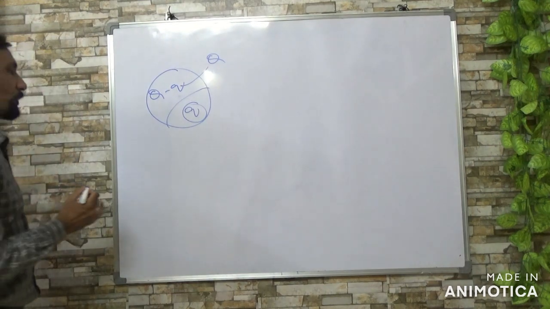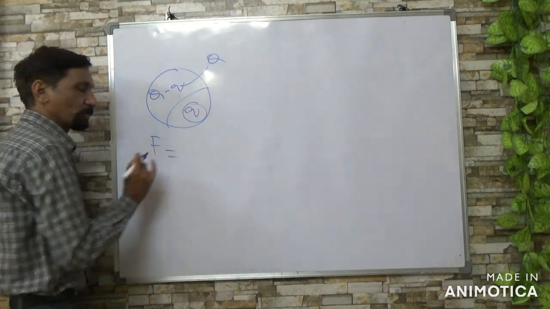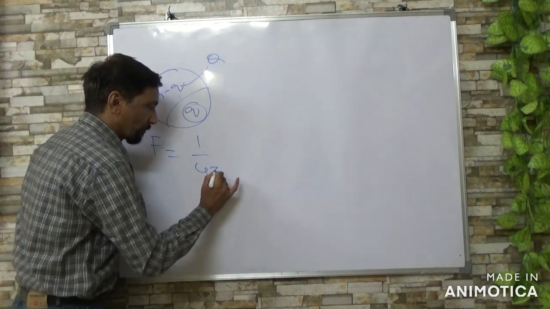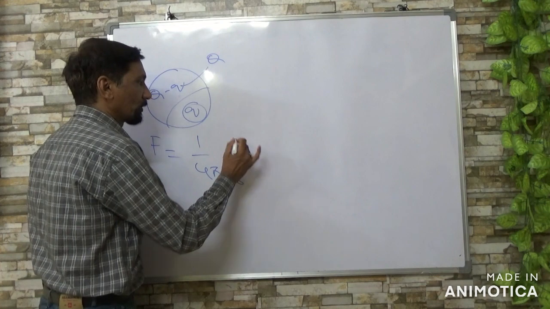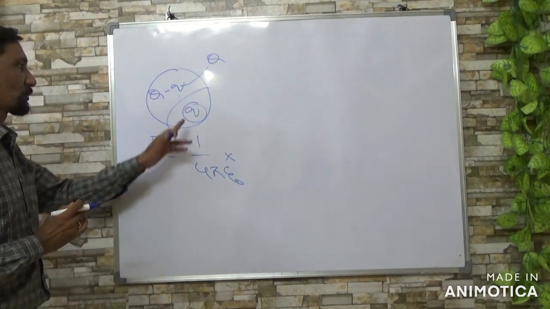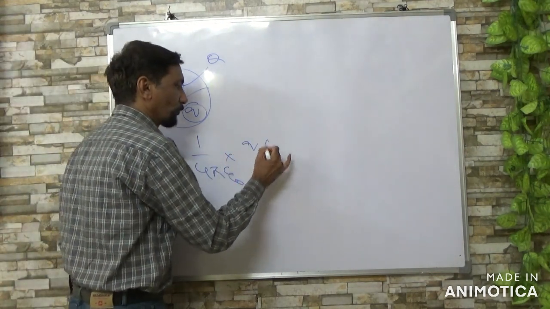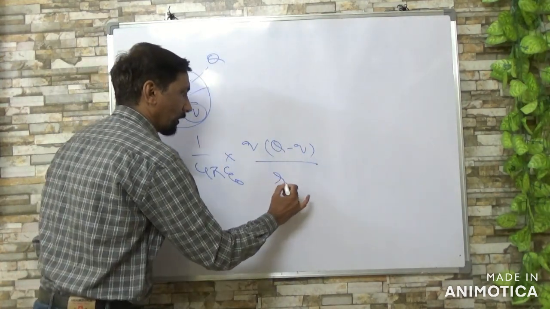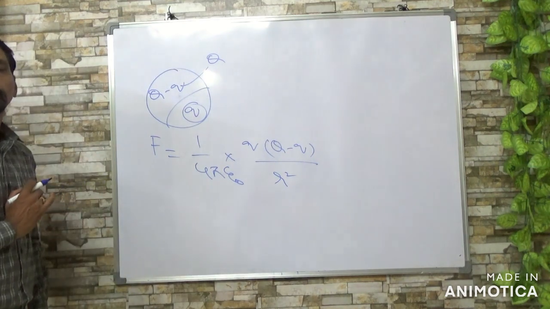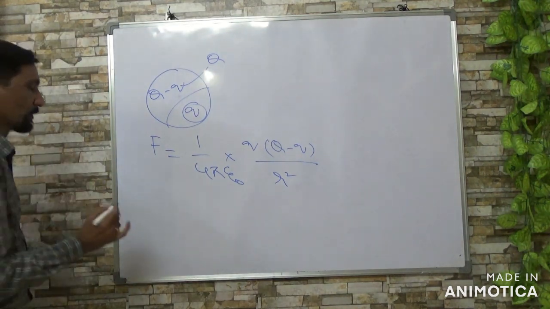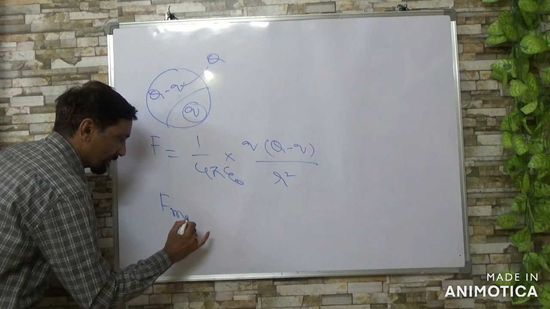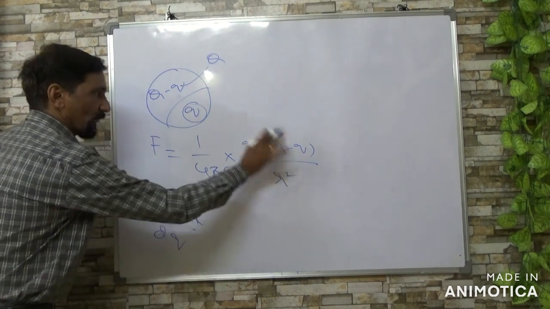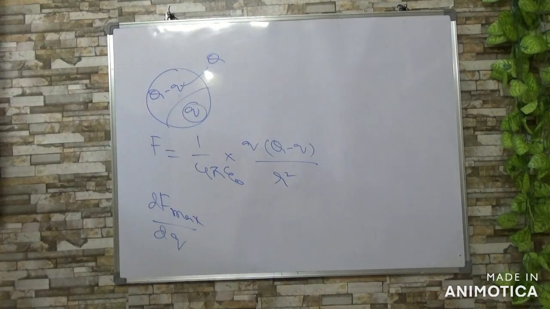According to Coulomb's law, the force between 2 point charges is given by 1 by 4 pi epsilon naught q1 q2, say the charge on the first one is small q and the remaining charge is Q minus q, by r square.